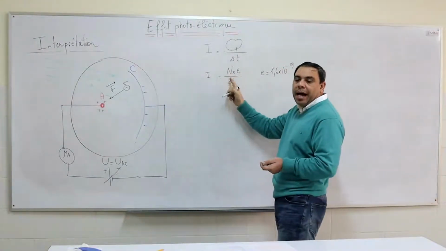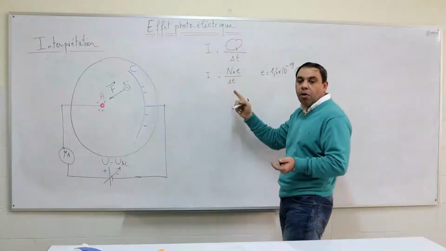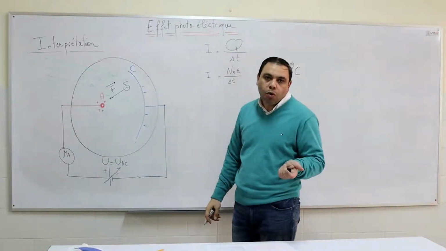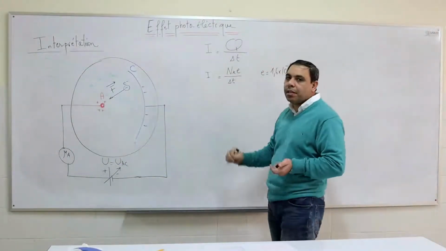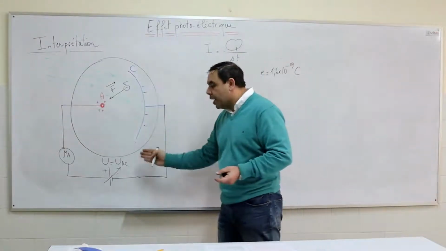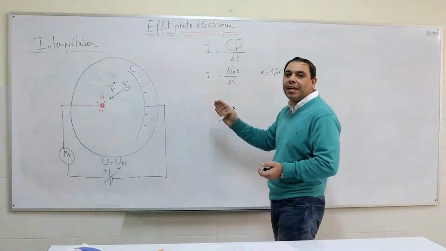The number of electrons reaching the anode per second increases when the voltage increases, and as a result, the current will increase. So as the voltage increases, the current will increase.